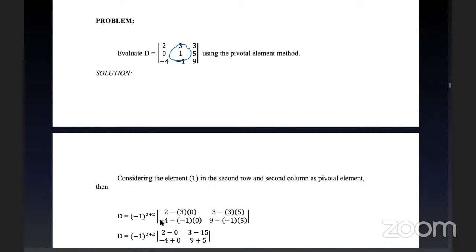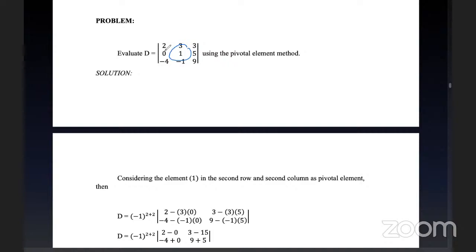And then, what we will do is, we cross out itong mga elements na nasa row 2 and column 2.